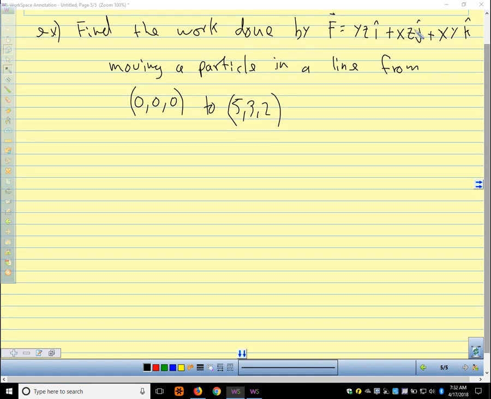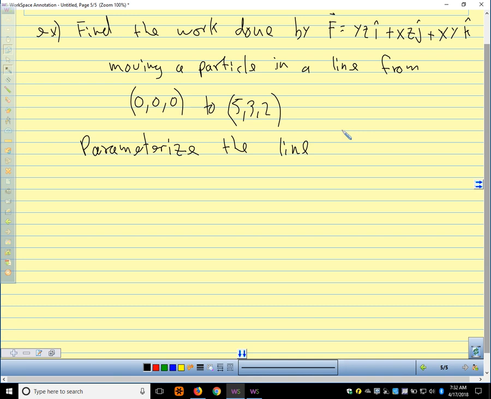We need to represent f in terms of our parameterized curve. So we need to parameterize the line. So we need to represent f in terms of our parametric representation of the line.